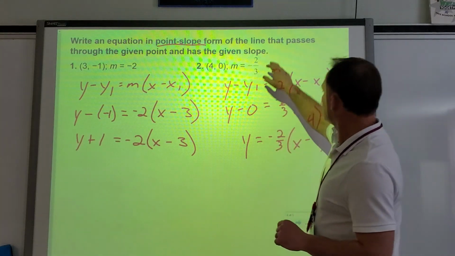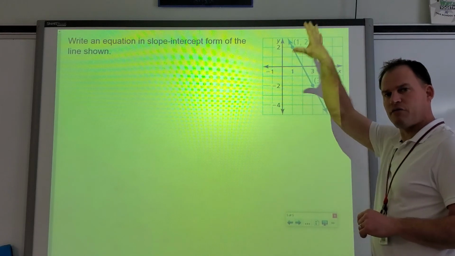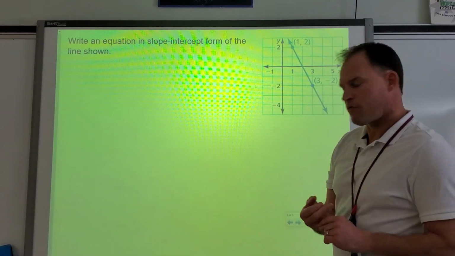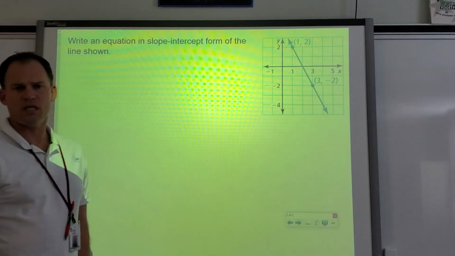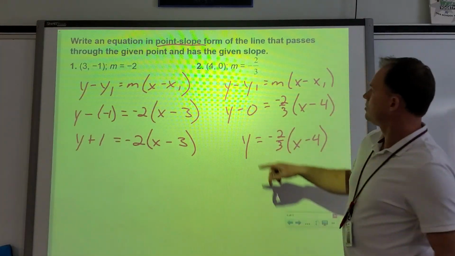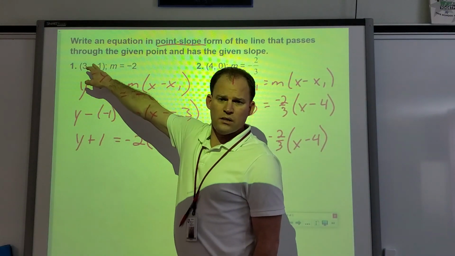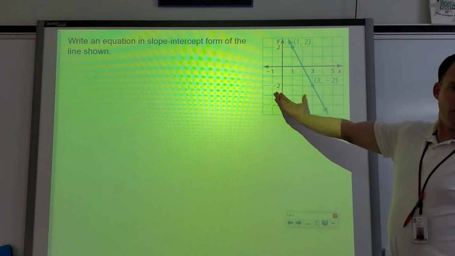All right. So what if it gives me a graph instead of just the information? Well, what information do I need? I need a point and I need a slope. Do I have a point? Yeah, I got 2 of them.